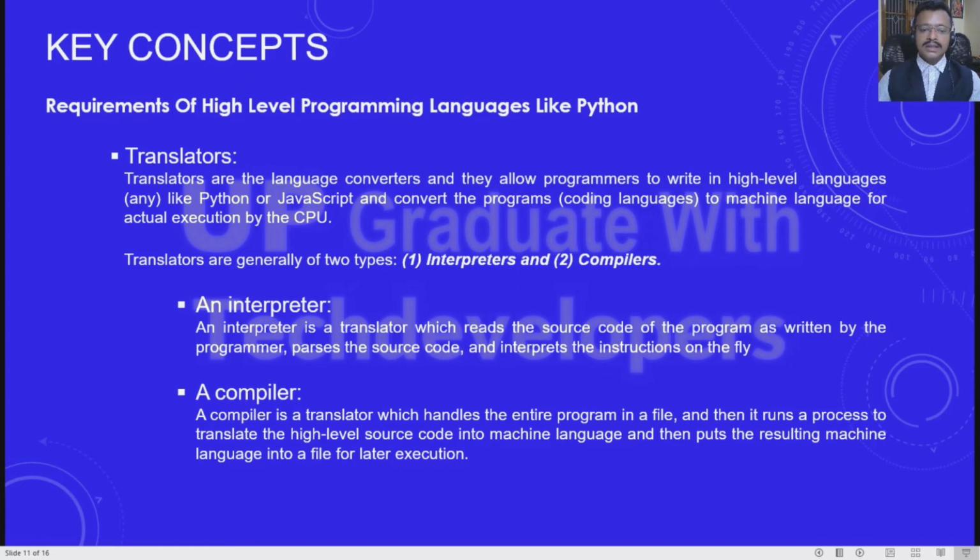Translators are generally of two types, interpreters and compilers. An interpreter is a translator which reads the source code of the program as written by the programmer, parses the source code and interprets the instructions on the fly.